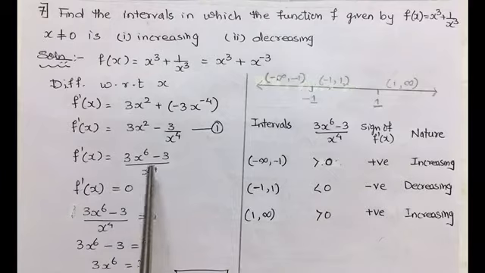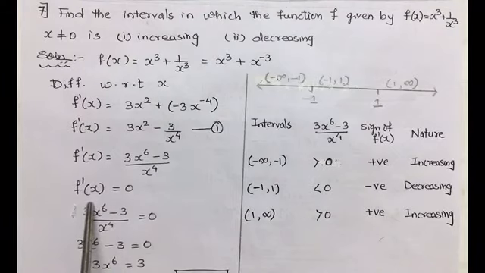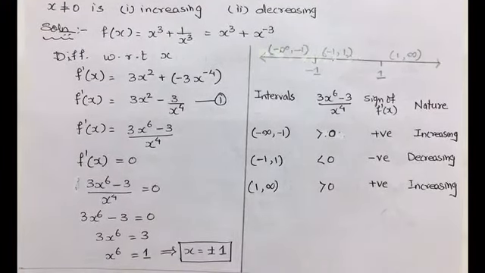To get the value of x, we need to equate the first derivative equal to 0. X raised to 4 going to the other side becomes 0. We get 3x raised to 6 minus 3 equal to 0. So 3x raised to 6 minus 3 going to the other side becomes 3.